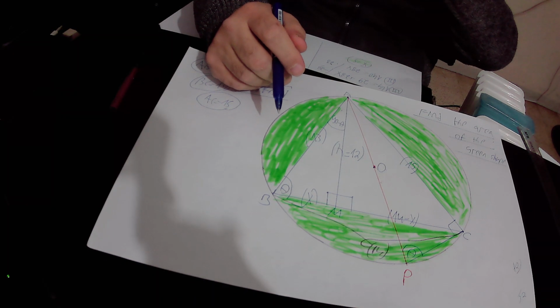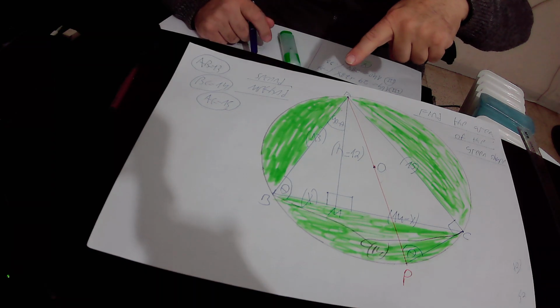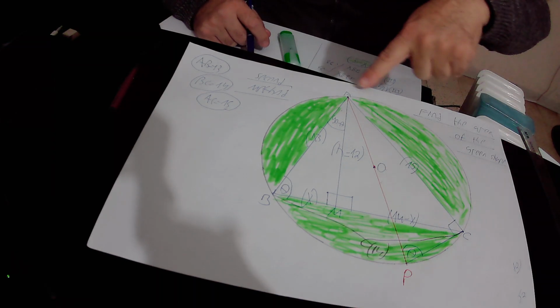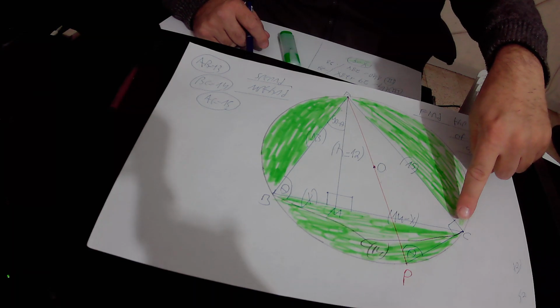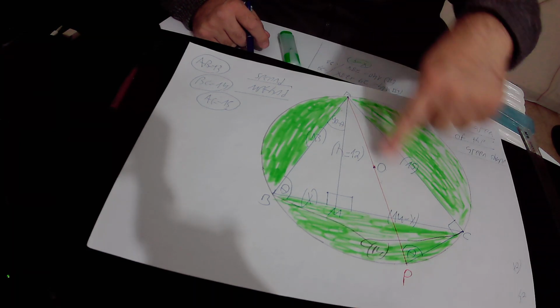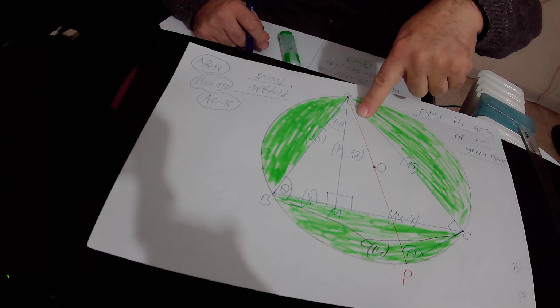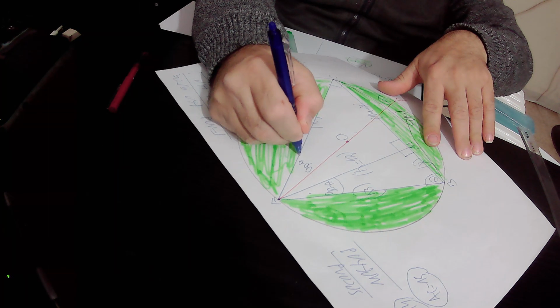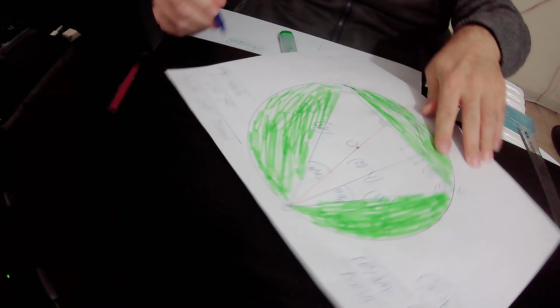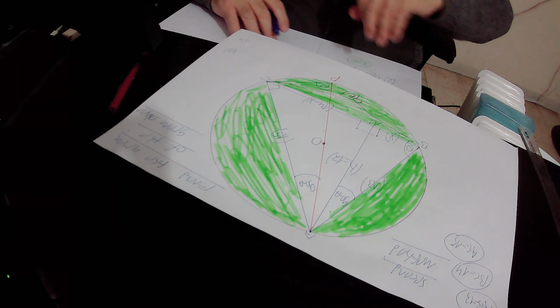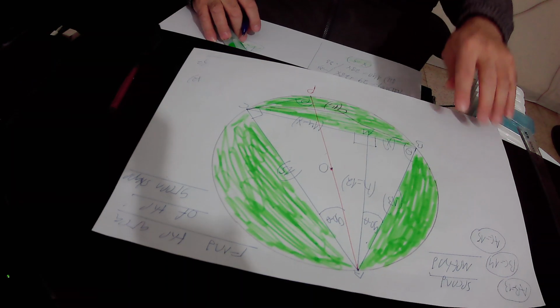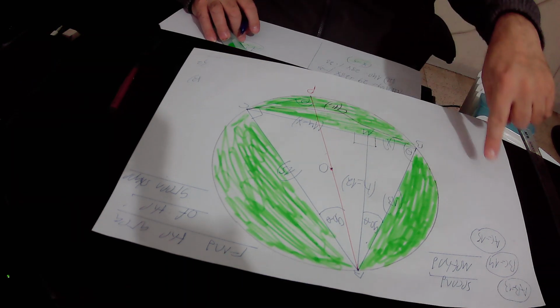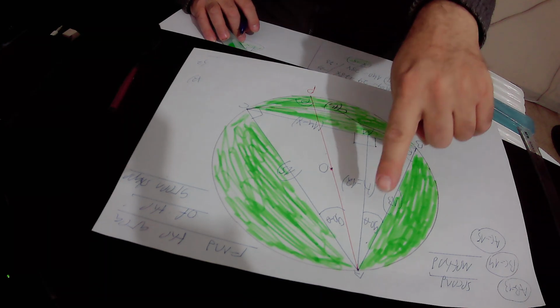Likewise, we'll focus on the right triangle, triangle ACP. In the right triangle ACP, this angle equals 90 degrees, this angle equals theta, therefore the missing angle here must be equal to 90 degrees minus theta. In the next step, we'll prove that the right triangle AMB is similar to the right triangle APC.